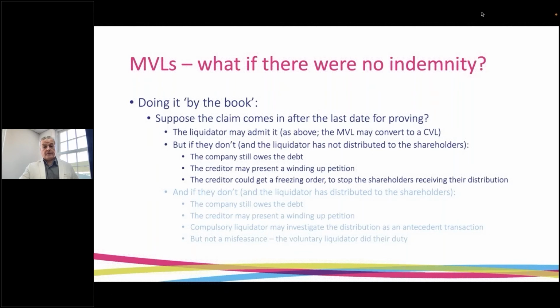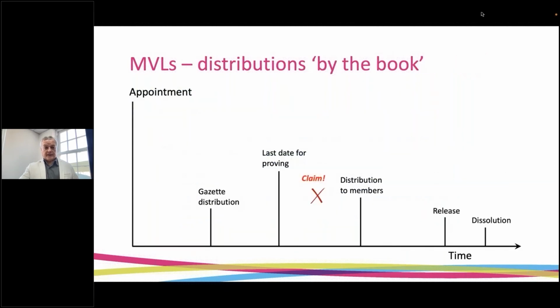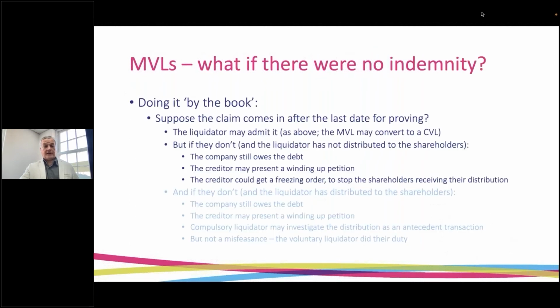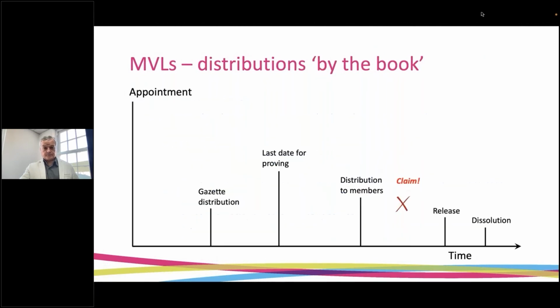The creditor may present a winding up petition, and they may apply for a freezing order. If they've got grounds immediately to present a winding up petition, then of course the winding up petition itself would prevent you from distributing the funds to the shareholders. So the chances are that if a claim comes in late, but before you've distributed to members, you are likely to accept that claim if it's a legitimate one.